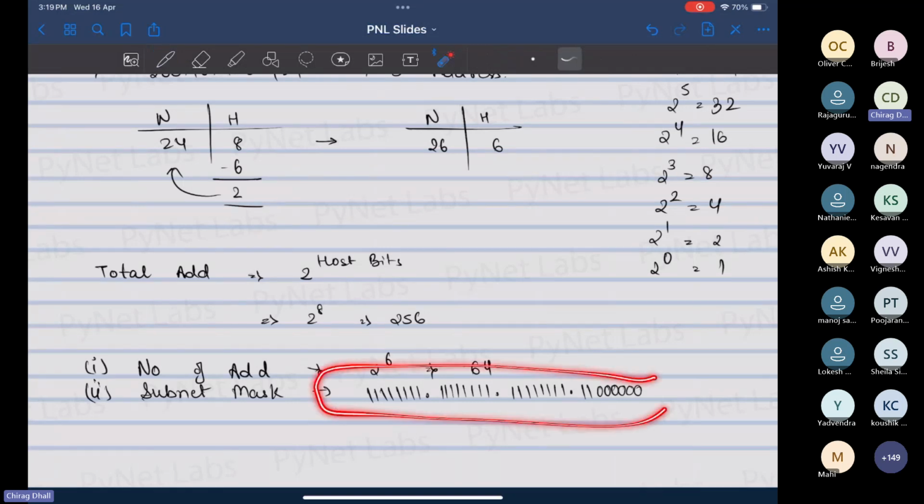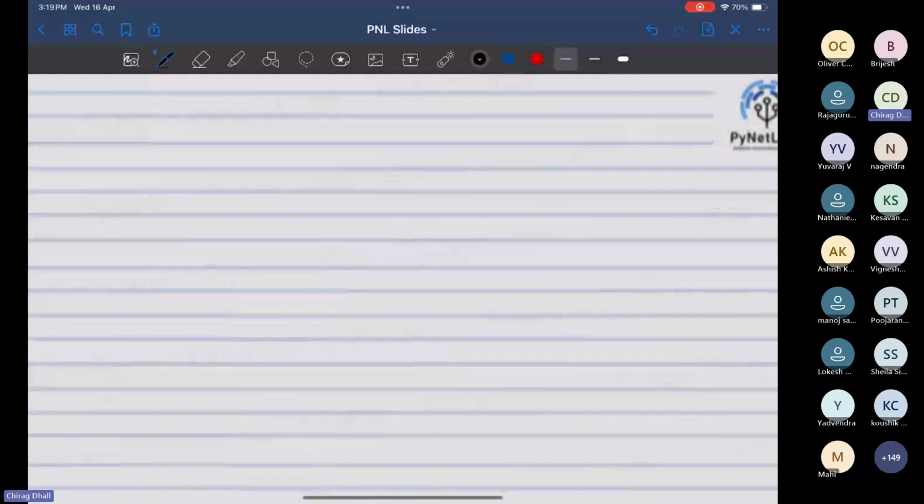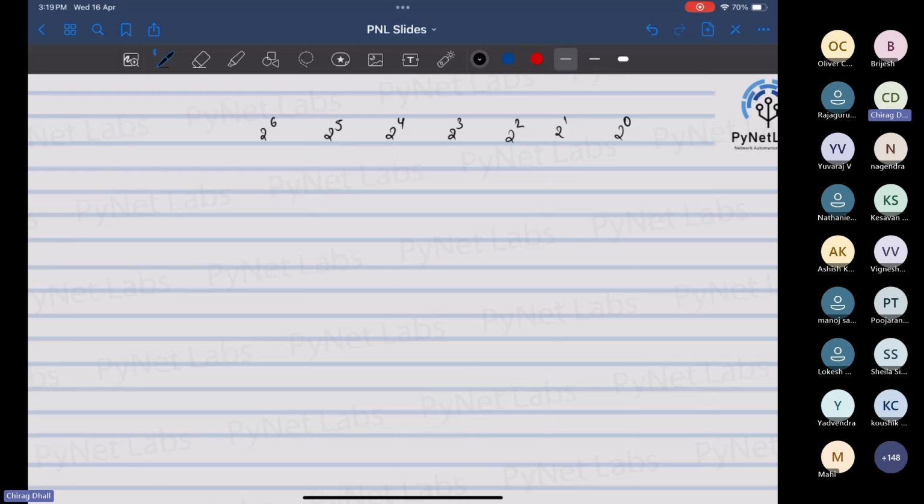I need to convert it into dotted decimal. To get it into dotted decimal, I'll need my master formula. 2 raised to the power 0, 2 raised to the power 1, 2 raised to the power 2, 3, 4, 5, 6, and 7. This will be 1, this will be 2, this will be 4, 8, 16, 32, 64, 128.